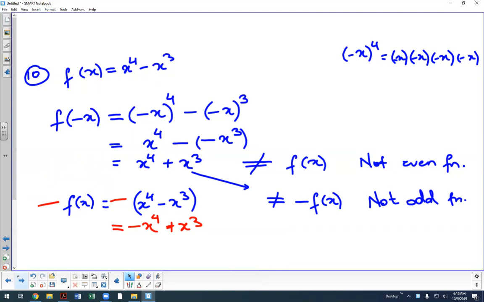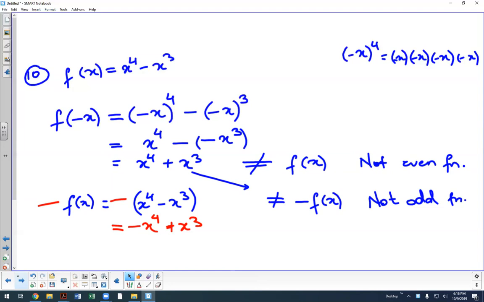So we ended up getting negative x inside the parentheses raised to the 4th power, minus, again, negative x in parentheses raised to the 3rd power. When we simplified it, our function ended up being x to the 4th plus x to the 3rd. It definitely does not match the original function we started out with. So that tells me it's not an even function. It does not have symmetry with respect to the y-axis.